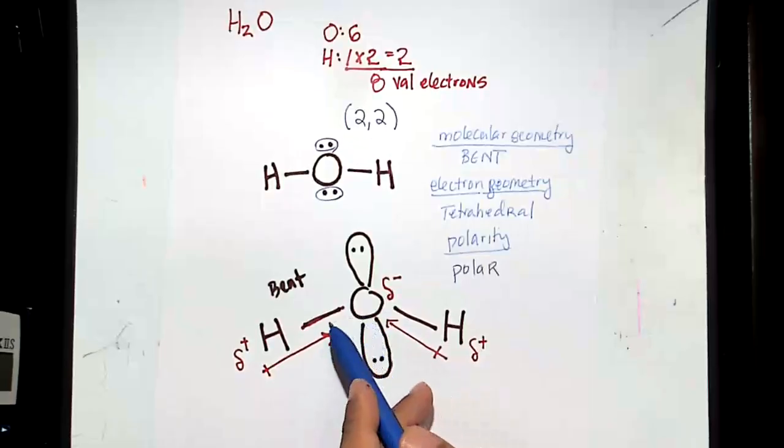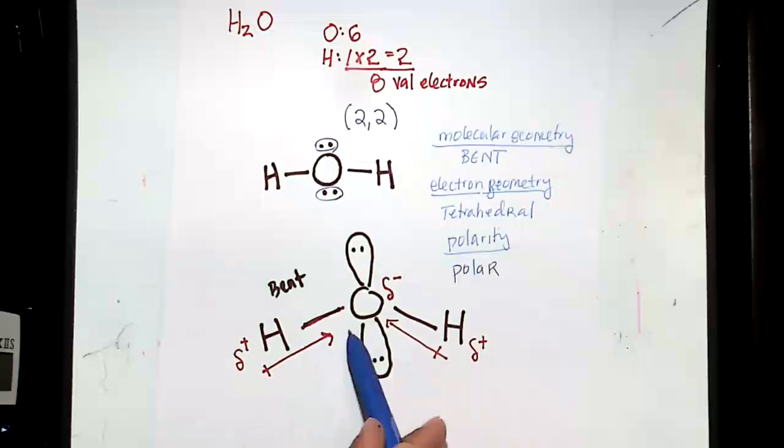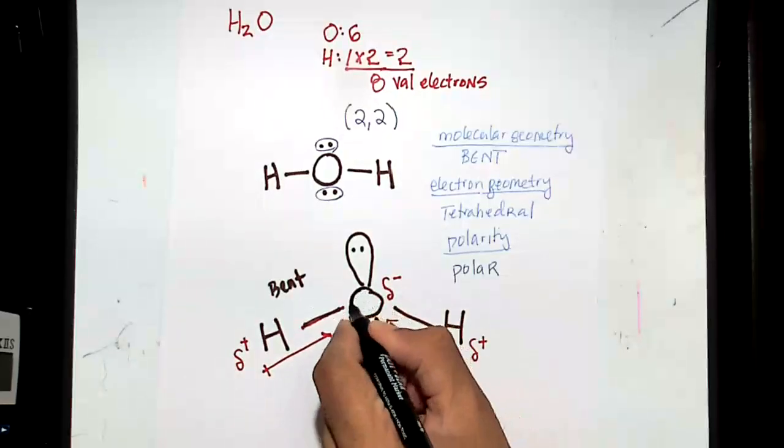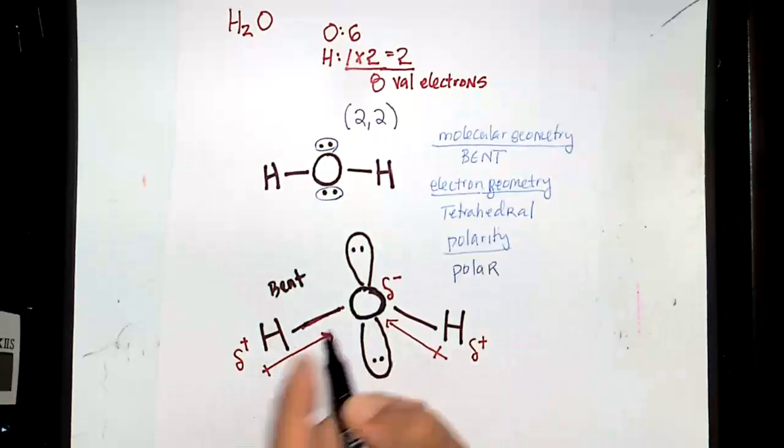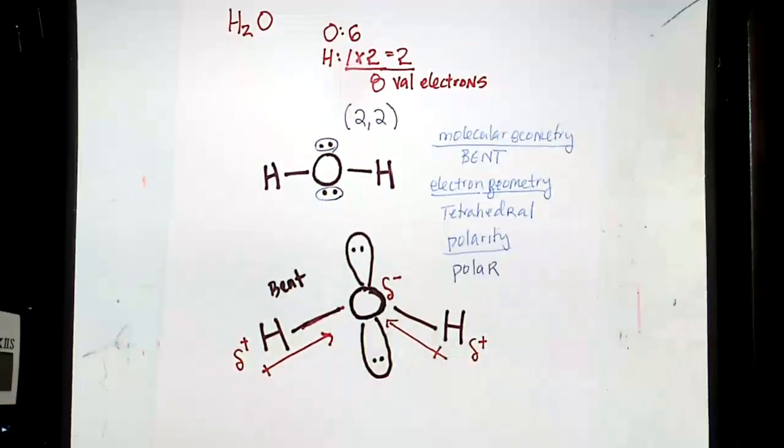Okay, so this is the reason behind hydrogen bonding, the polarity of the water molecule. So bent. This is the structure of water. Okay, bent. 2 bonds, 2 lone pairs.